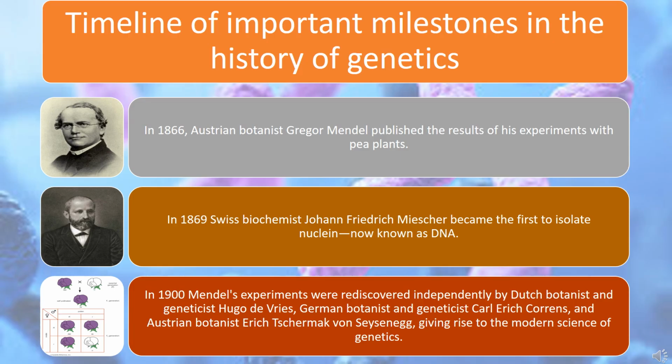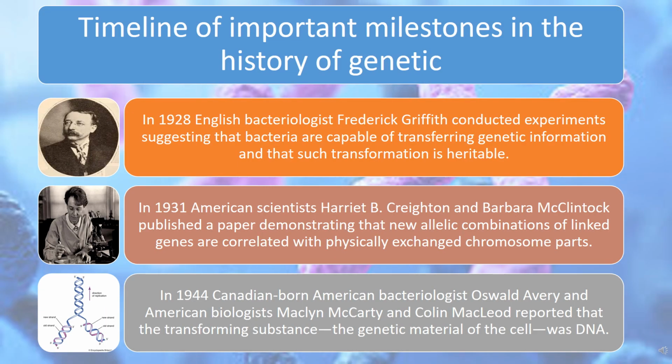In 1900, Mendel's experiments were rediscovered independently by Dutch botanist and geneticist Hugo de Vries, German botanist and geneticist Carl Erich Correns, and Austrian botanist Erich Czermak von Ciesneg, giving rise to the modern science of genetics. In 1928, English bacteriologist Frederick Griffith conducted experiments suggesting that bacteria are capable of transferring genetic information, and that such transformation is heritable.